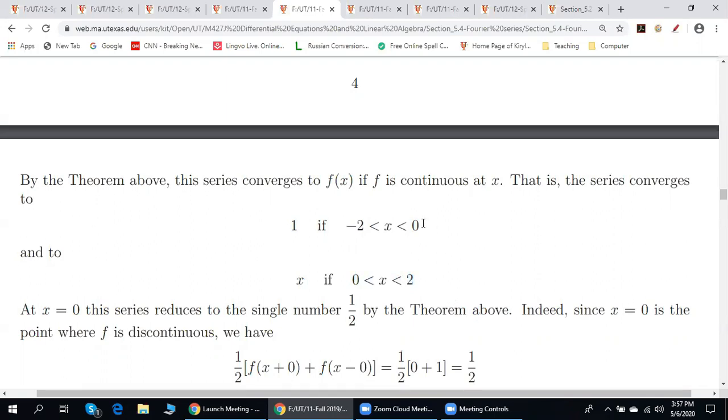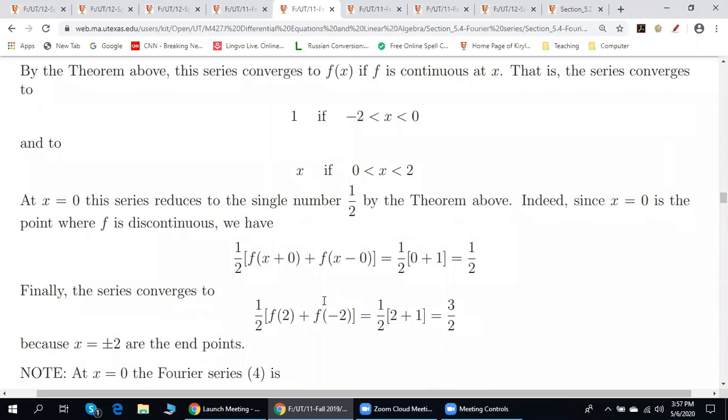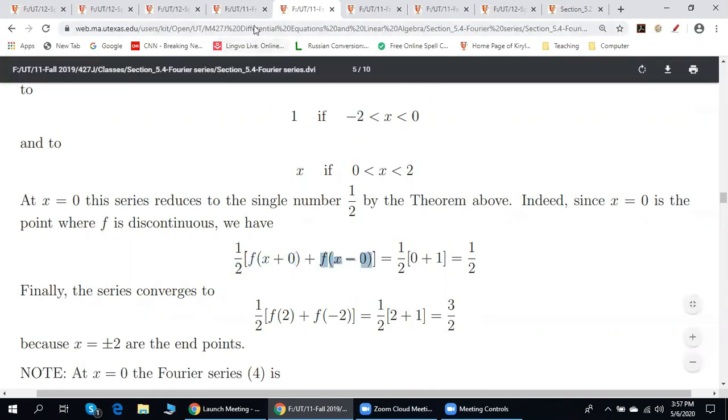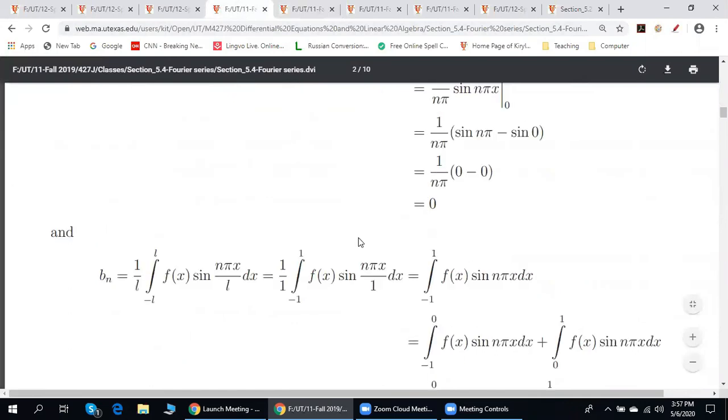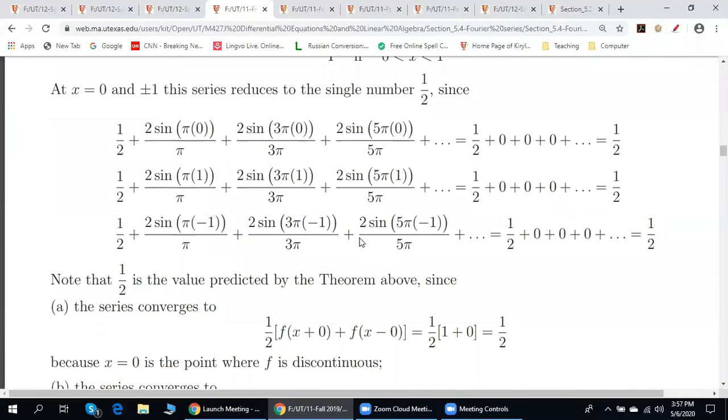Case 2. Suppose x is the point of discontinuity, meaning 0. According to the theorem, our series converges to this, where here we have the limit from the right and here we have the limit from the left. Let us look at our function.